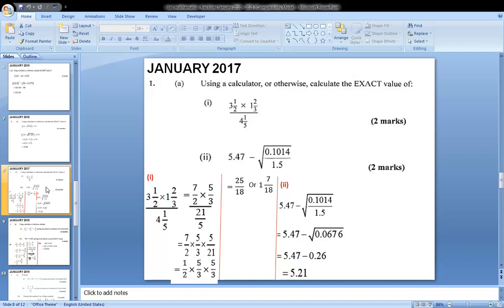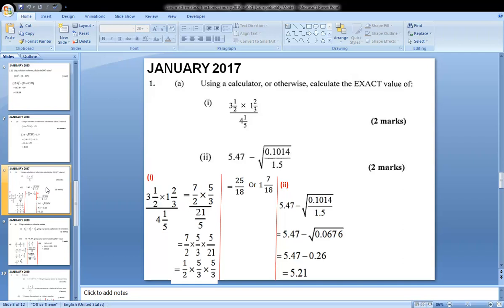So we now have 35/6 multiplied by, we flip the 5 and it becomes 5 on the top, and the 21 at the bottom. So you could have worked it out that way, and when you work that out, it will give you the same result of 25 over 18.